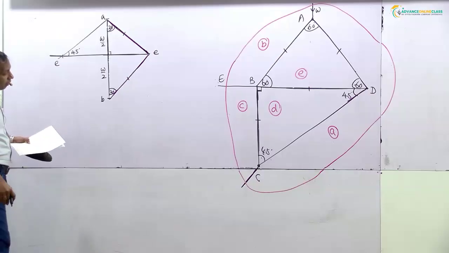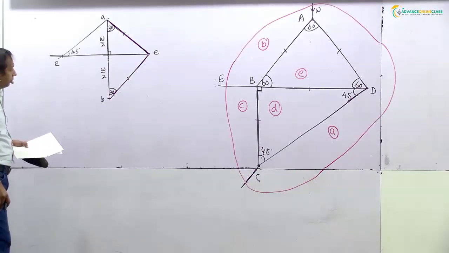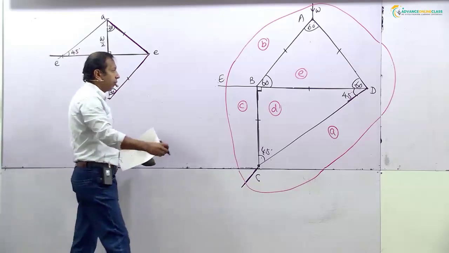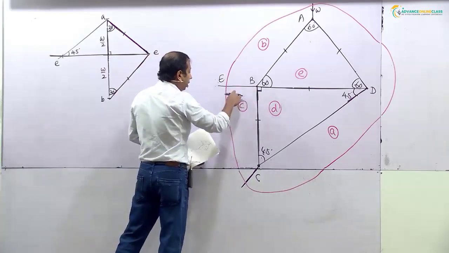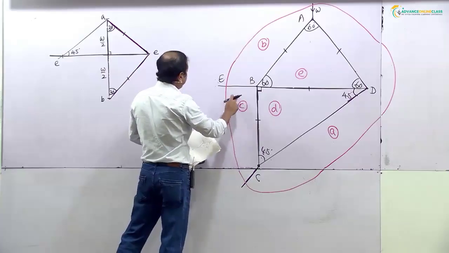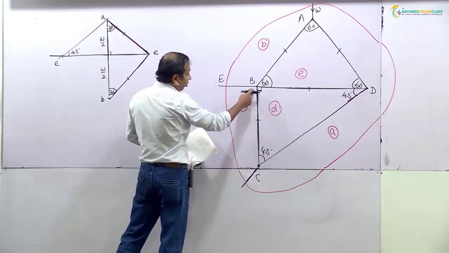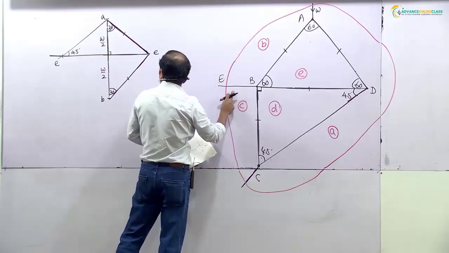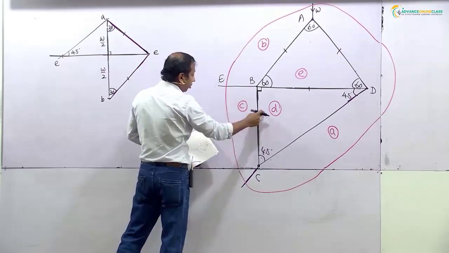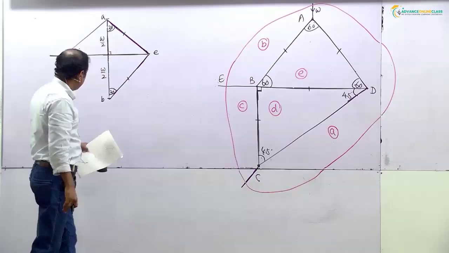Right. Next one. We can now come to joint B. BE is horizontal, and CD vertical.